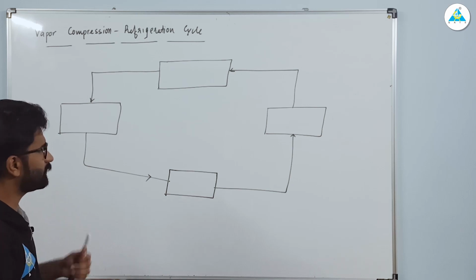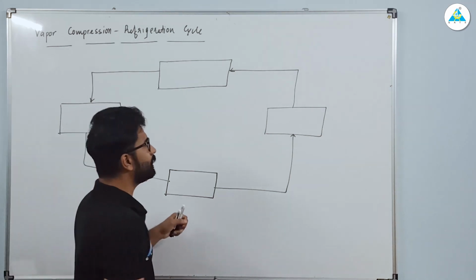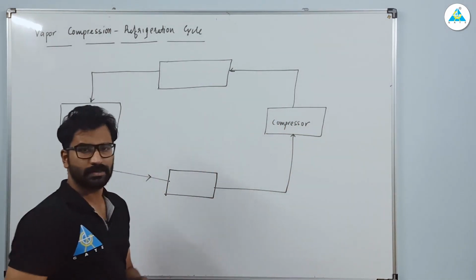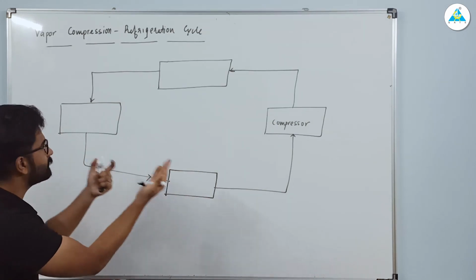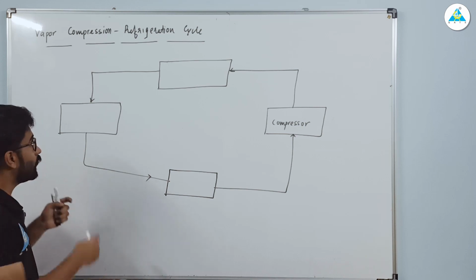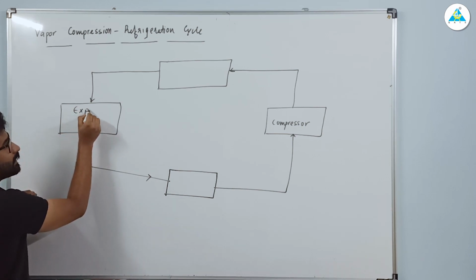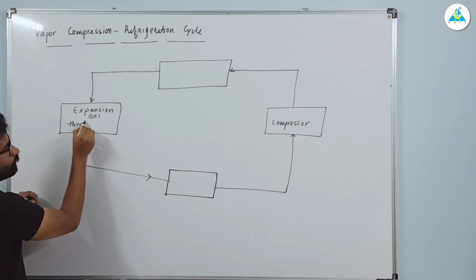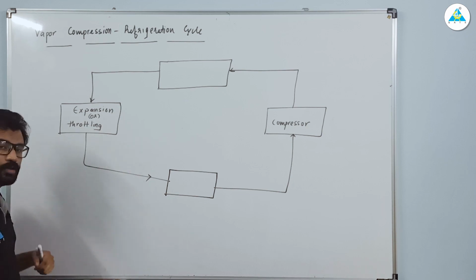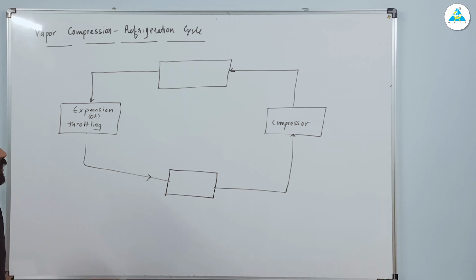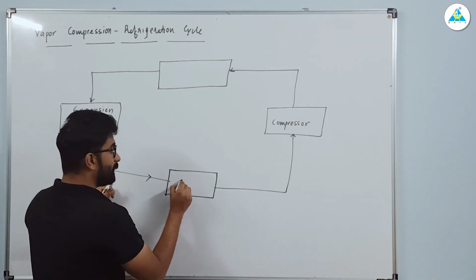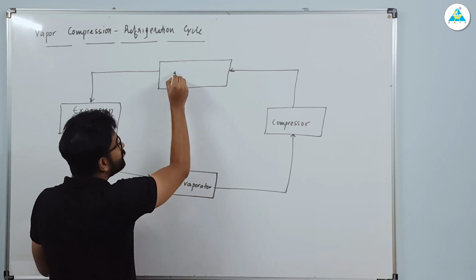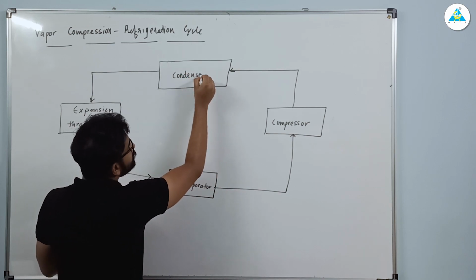Now first of all, what are the components? Here you have a compressor. If one side is compression, the second side you will have expansion, which we can call the expansion or throttling valve. Then here you will have an evaporator, and this side you will have the condenser.